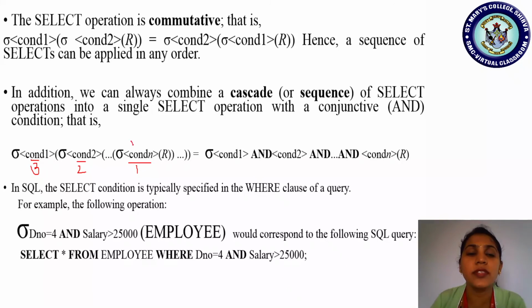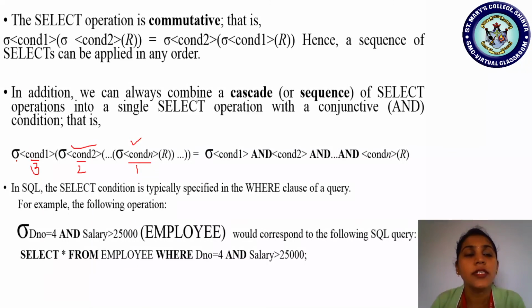So first this will be selected and shortlisted, then the second condition will be applied and the answer gathered, and again the outermost condition is applied on the resultant relation, so that we get the final selected relation.